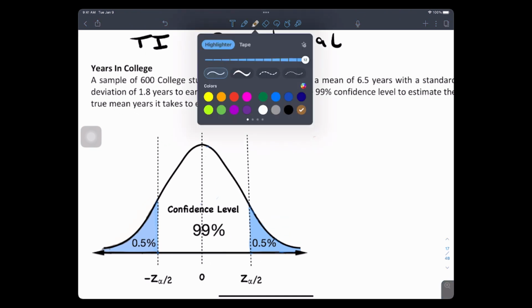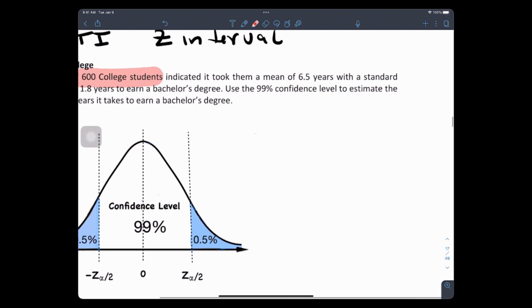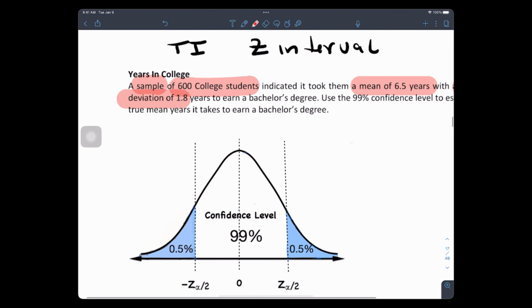A sample of 600 college students indicate it took them a mean of 6.5 years with a standard deviation of 1.8 years for a bachelor's degree. Pretty darn normal if you ask me, but okay.